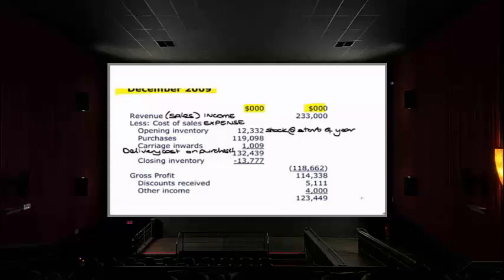Now, in reality, most businesses won't buy all their calculators and then sell them all at the end of the year. Chances are by the year end, they'll still have a stock of finished calculators in their warehouse. Now, if they're still in your warehouse, you haven't sold them. So it would be unfair to include them in the cost of sales because you haven't sold them yet.